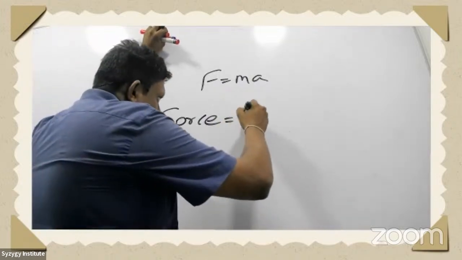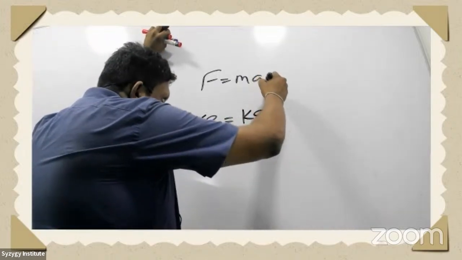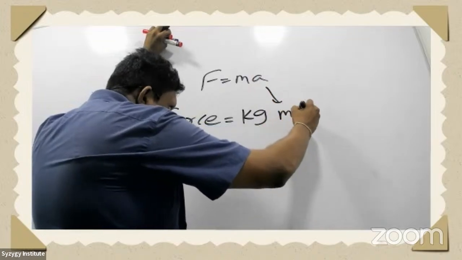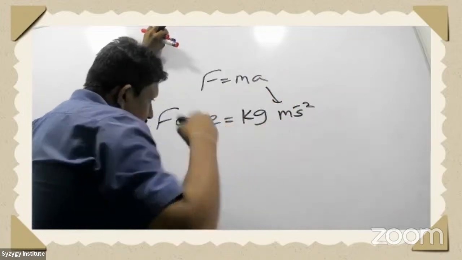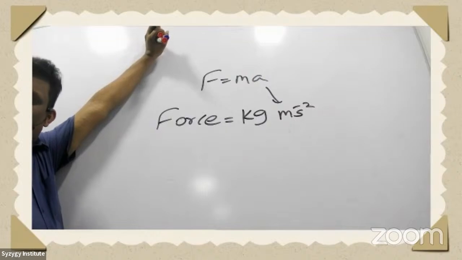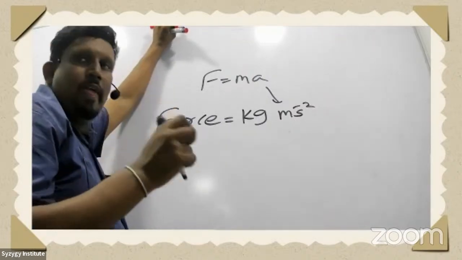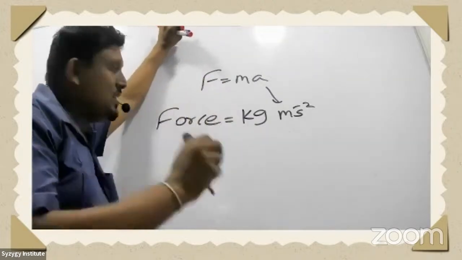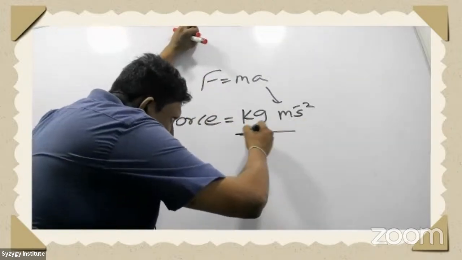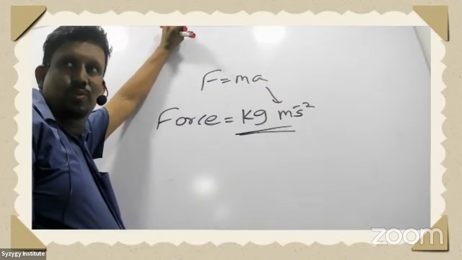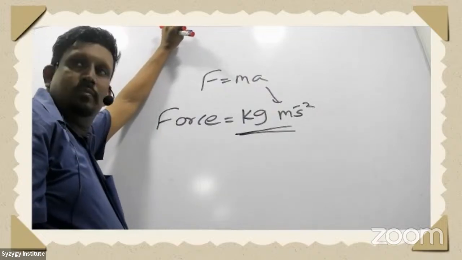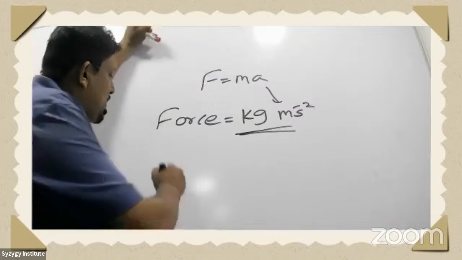Mass we can write in kilogram, and acceleration in ms minus 2. If you are writing the unit of force using fundamental units, basic units, you have to write this kg ms minus 2.